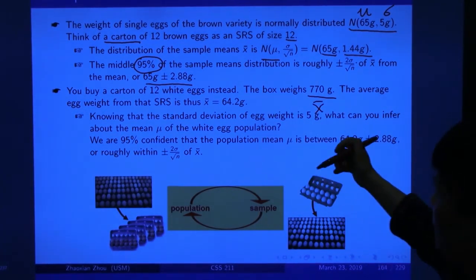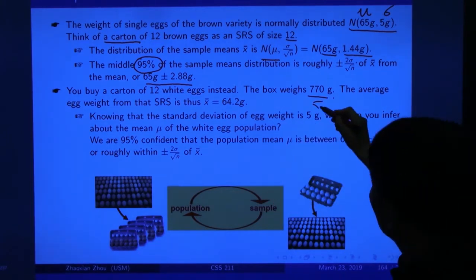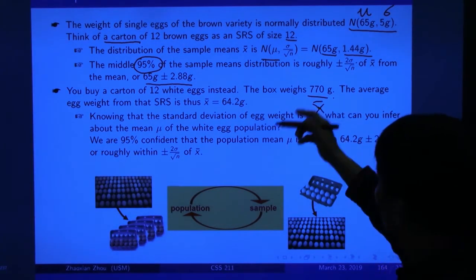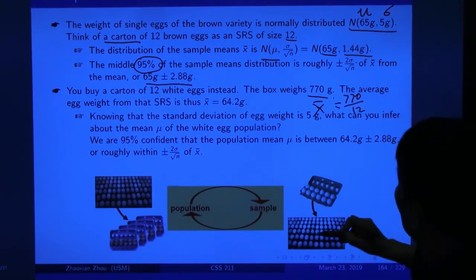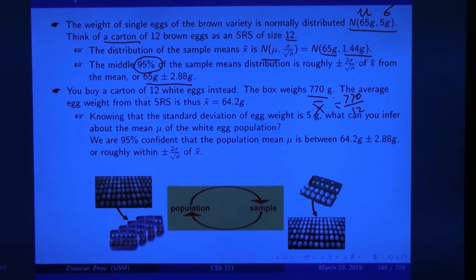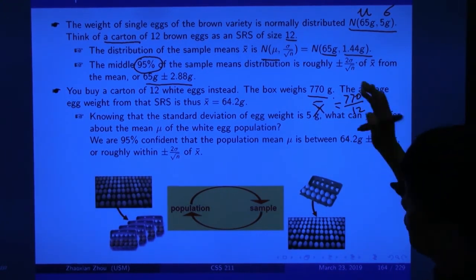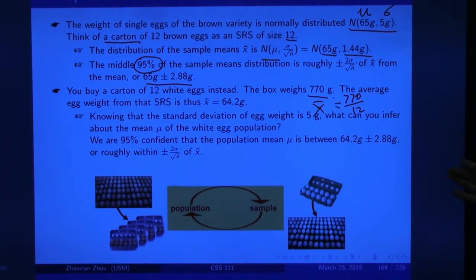Because we have only one sample, we can write x1, or we can just use x bar. That means this is the mean of this sample, which will be equal to 770 divided by 12. The total equals 770, and there are 12 eggs inside, so we divide by 12.